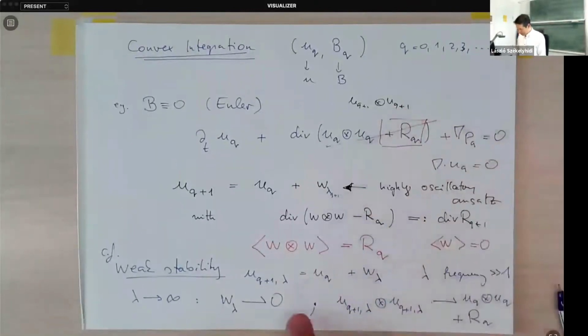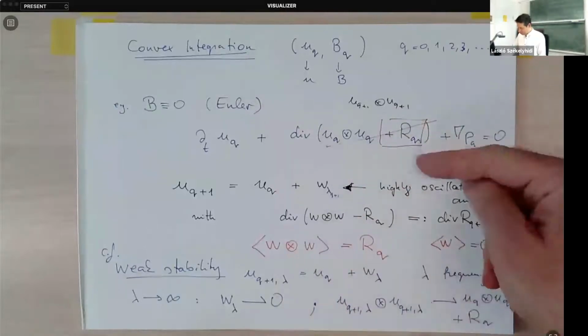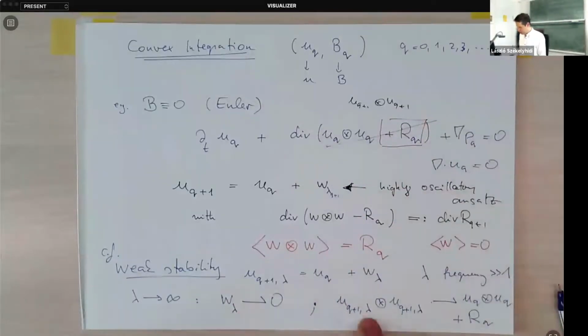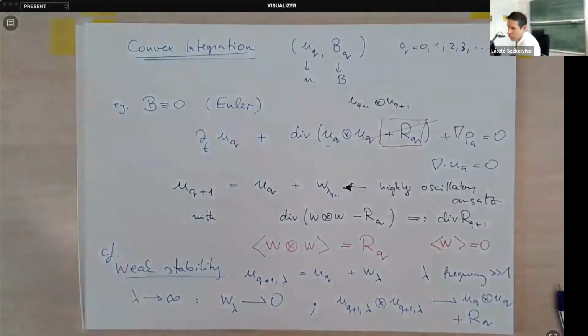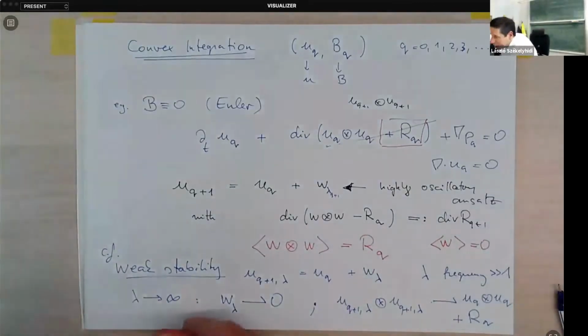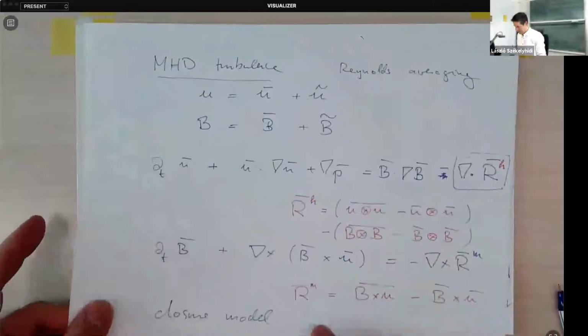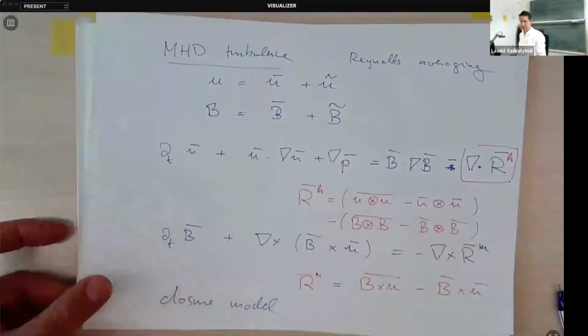Now, you see that somehow this construction is the opposite of looking at weak convergence. We want to undo the weak convergence, which is a form of averaging. And now we are back into what people in the physics literature call Reynolds averaging.